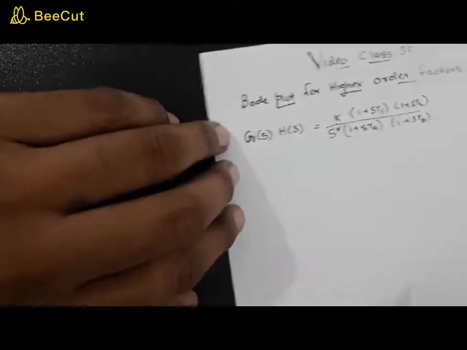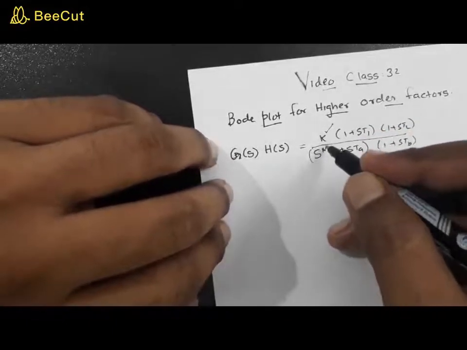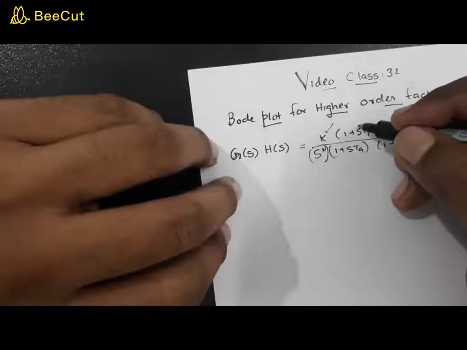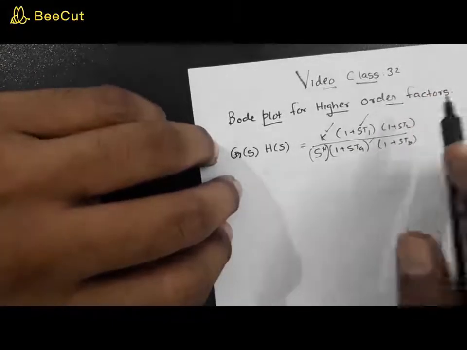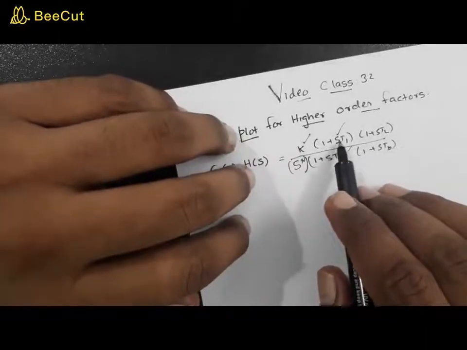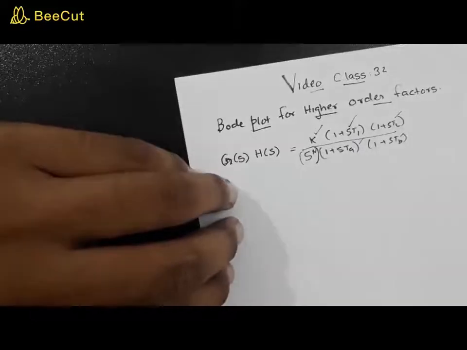So when you analyze each factor, we can say there is a constant factor. This is a factor which determines the type of the system. And there are two first order factors. Why first order? Because the order of the polynomial is 1. So this is going to be a first order term.